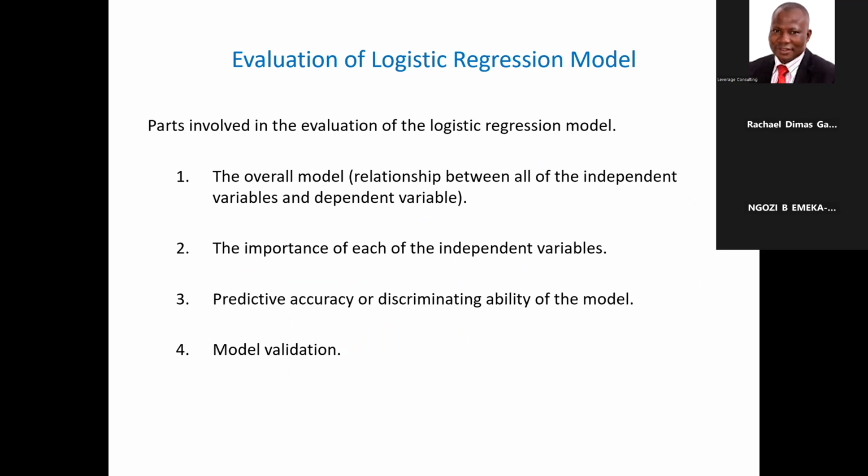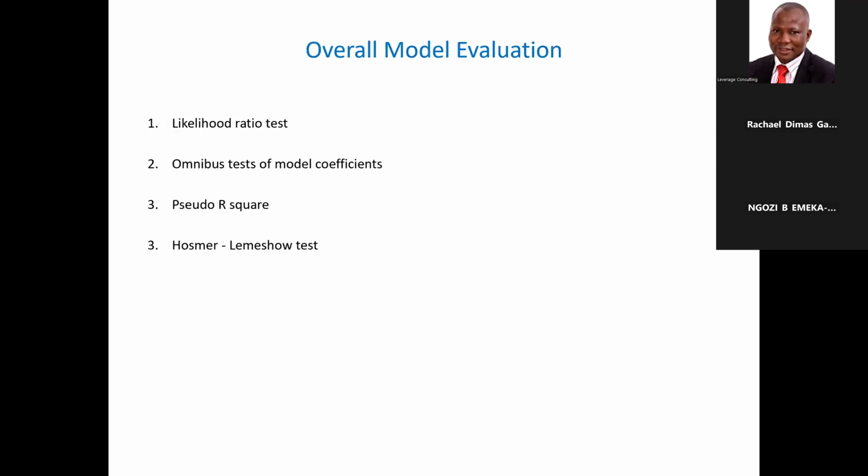Remember when we plotted the graph for linear regression, we evaluated how good the model is by calculating the R square and the F ratio. Here also, there are different other ways. Some of them are similar. We want to see the overall model relationship, the importance of each predictor, predictive accuracy, and model validation. So we have the likelihood ratio, omnibus test, pseudo R square, and the Hosmer-Lemeshow test. The same R square is not so useful.